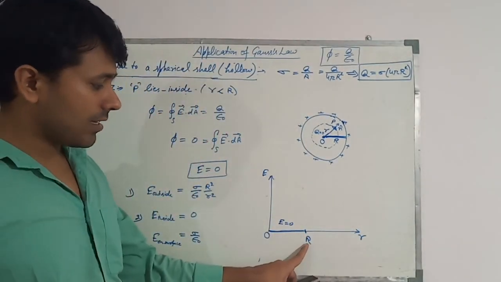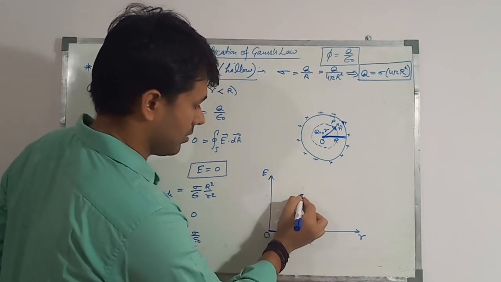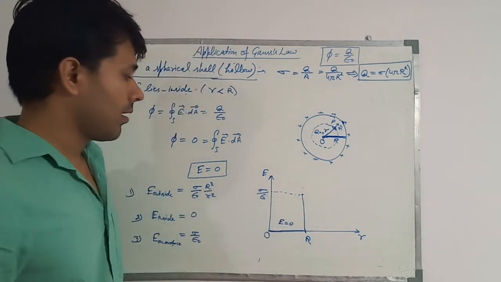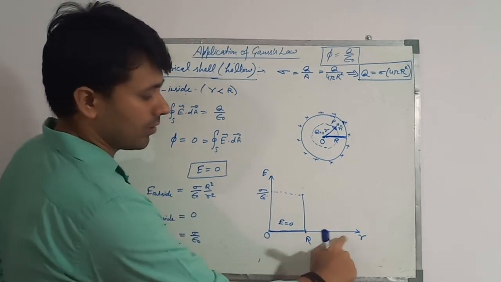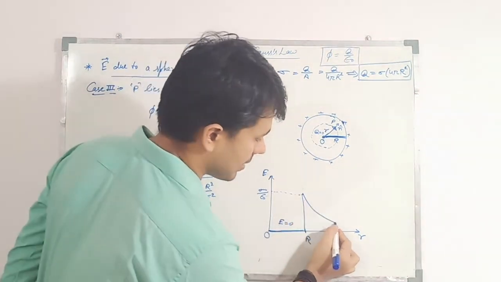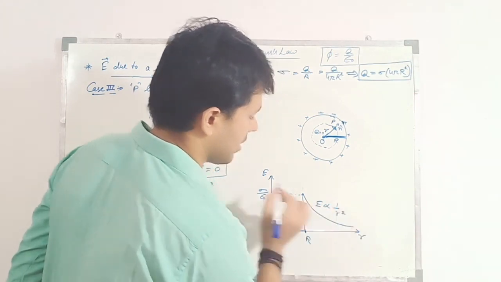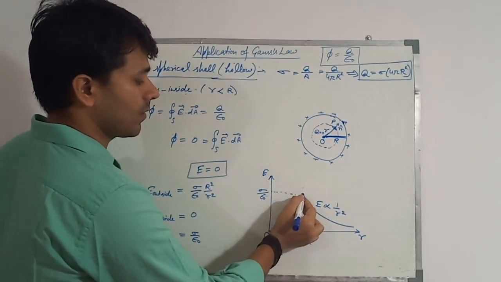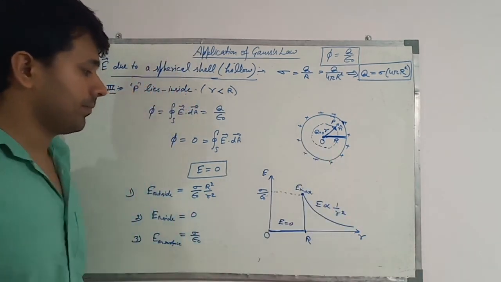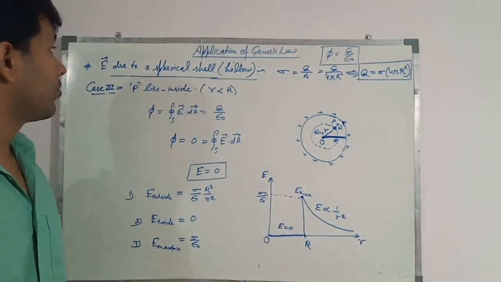At the surface, at the point R, the electric field has some value, and that value is sigma upon epsilon naught. And if r is greater than capital R, outside this it is continuously decreasing, as E is proportional to 1 upon r square, which means at the surface the electric field is maximum. This is the electric field due to a spherical shell.